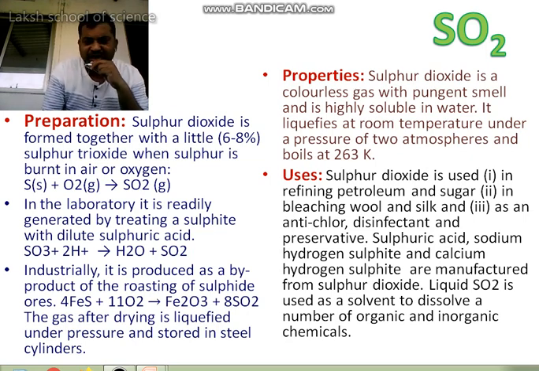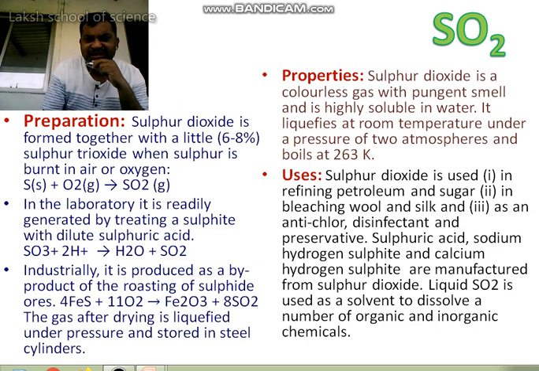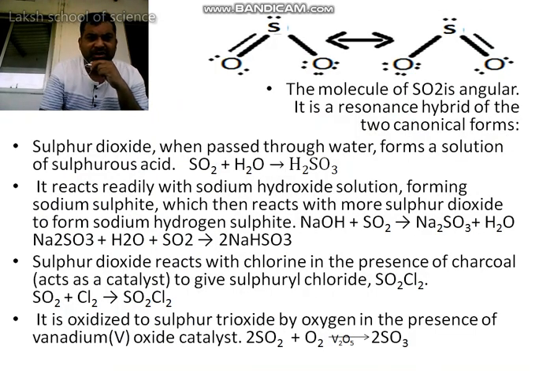This is the information that I can give you. So next time we are going to talk about the reactions on the board. Some easy reactions of sulfur dioxide I'm explaining here, but as a reducing agent we are going to see it on the board.